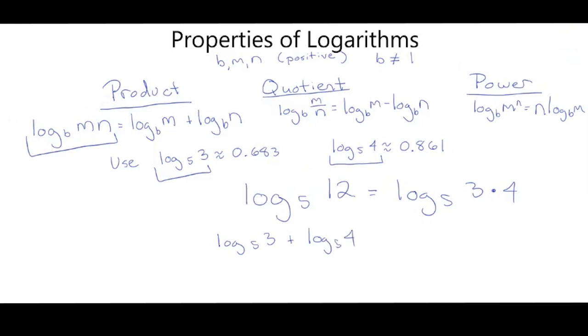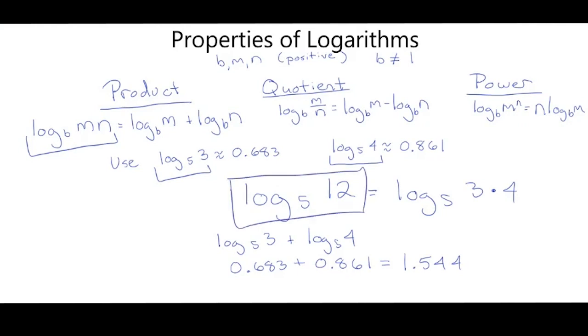And I have those values here. So I will plug in 0.683 plus 0.861, which is 1.544. And that's the approximate value of this expression.